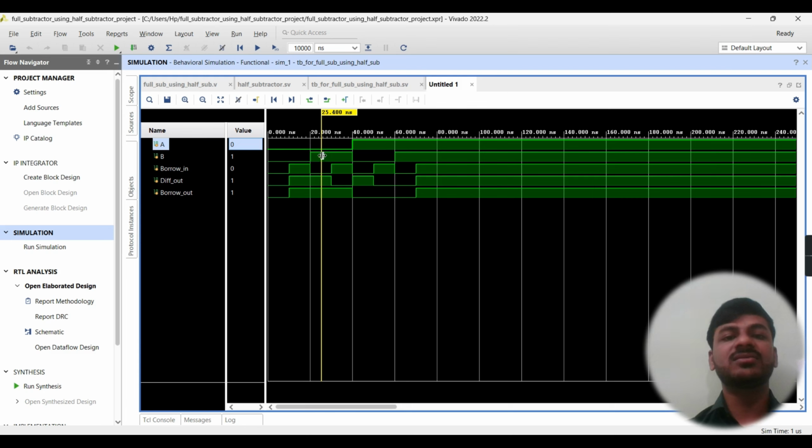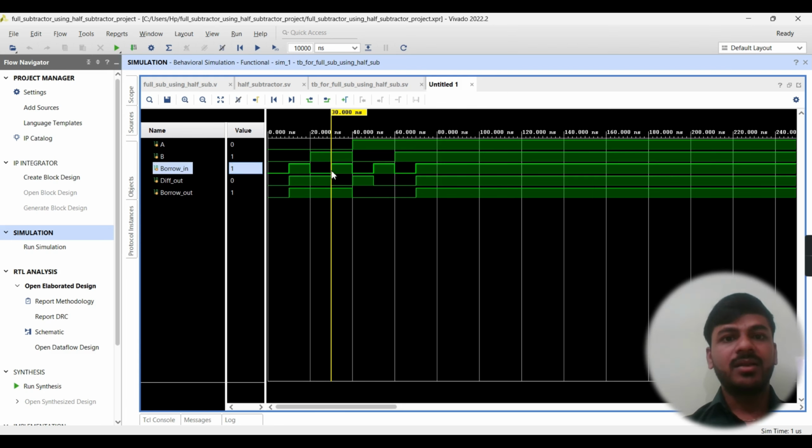So again the same condition, 0 minus 1, so difference out is high and borrow out is also high. Now A is 0, B is high, and borrow in is high, so you can imagine 0 minus 1 minus 1, decimally equivalent to minus 2, which means difference out is 0 and borrow out is high.